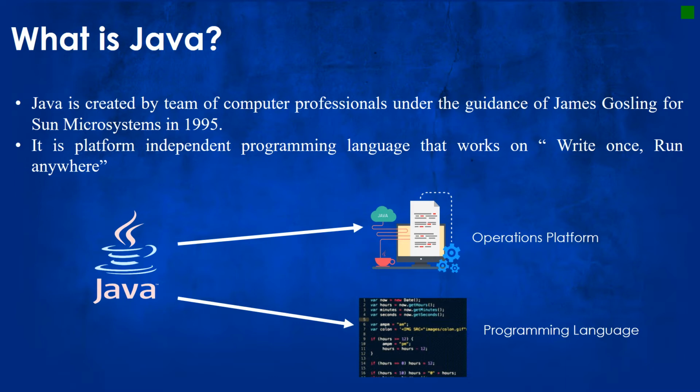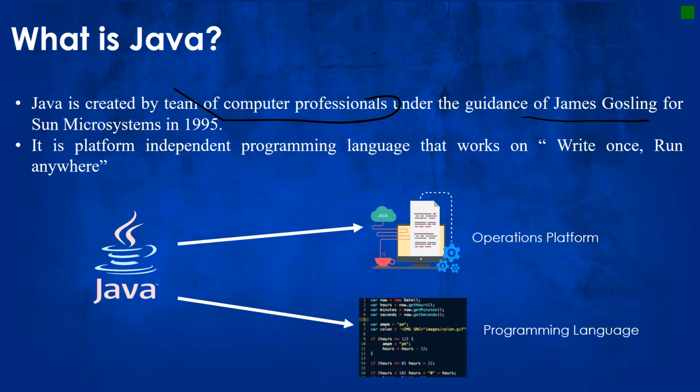At that time, there was a team of computer professionals who were working under the guidance of James Gosling, and they were thinking of some such kind of application. So they created a new language, you can say a very popular language nowadays, and that is Java.